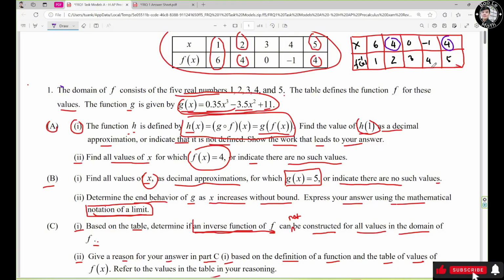Which means each output value right here is not mapped from a unique input value, right? Because f of 2 right here equals 4, right? And f of 5 right here equals 4. The inverse function on this domain does not exist, right?